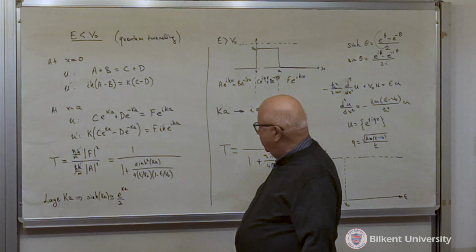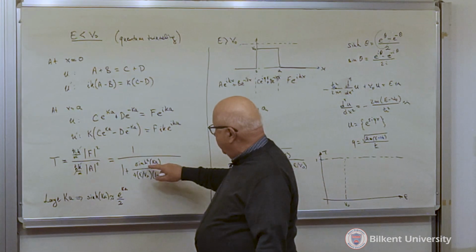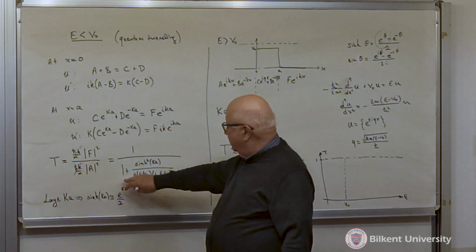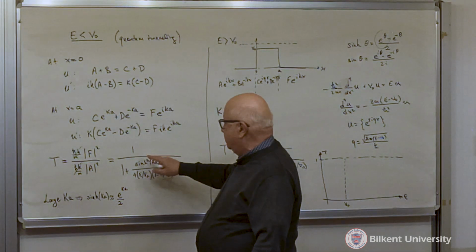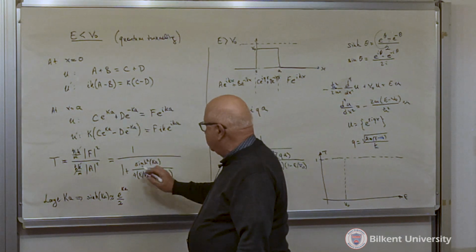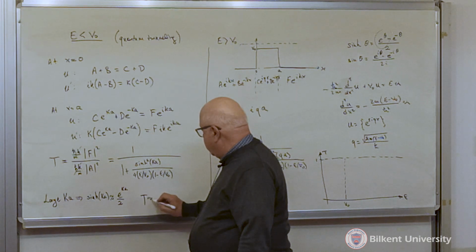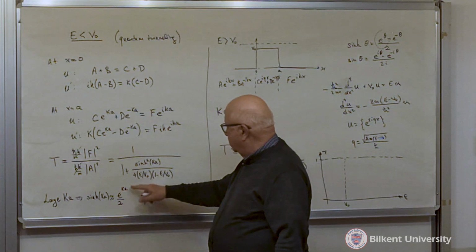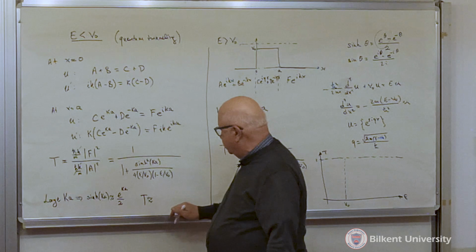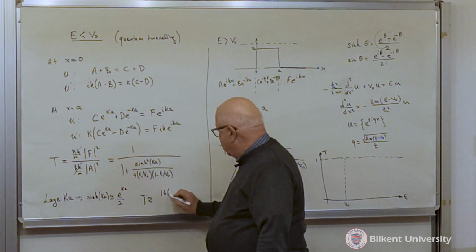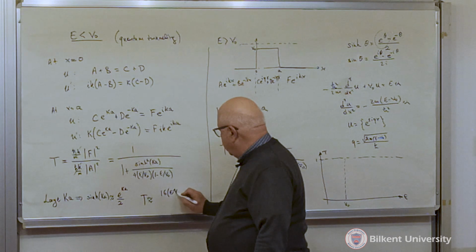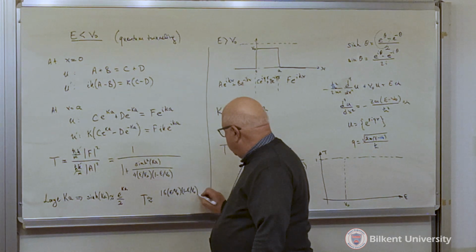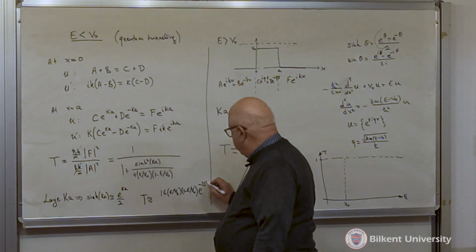So that's what I have. And that term is going to be larger and larger, so it will dominate over this 1. What I'll be left with is just that term, except that it's squared, so T is going to be approximately, the square of that is going to give another 4, so it's going to be 16 E over V0 times (1 minus E over V0), times e to the minus 2Ka.